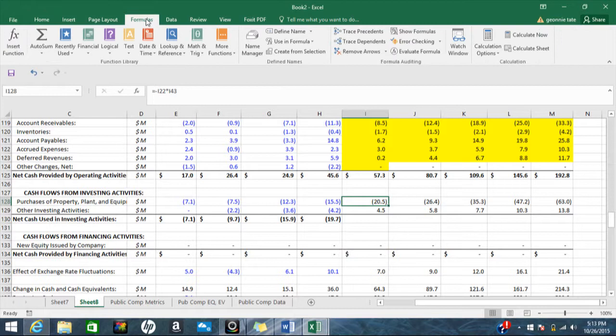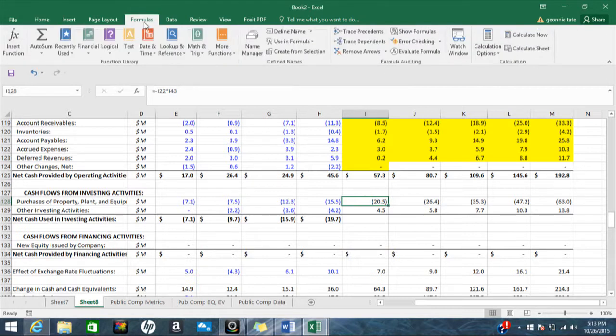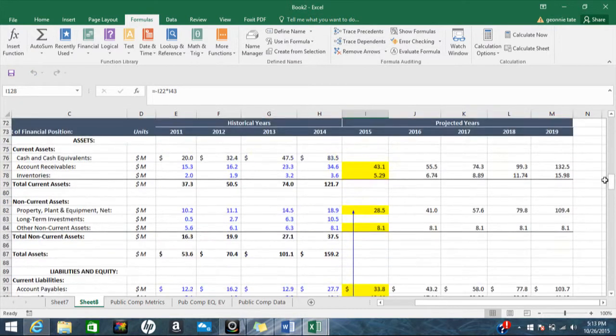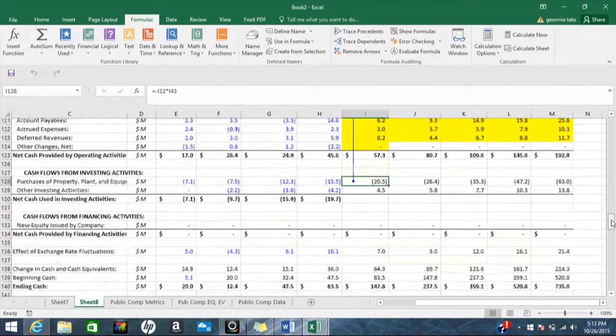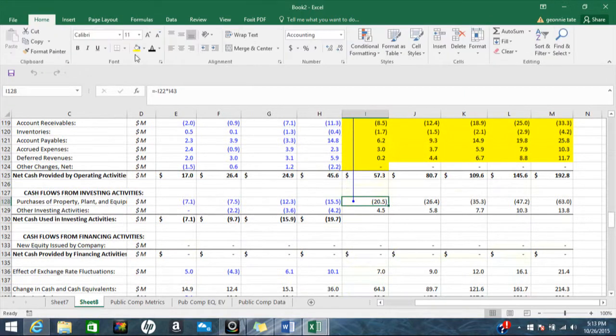Use the trace formula again to make sure I got this right because I messed it up a little earlier. Okay. So I already used it, so I can highlight this, remove those arrows.